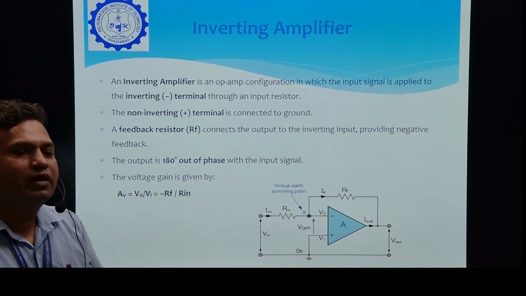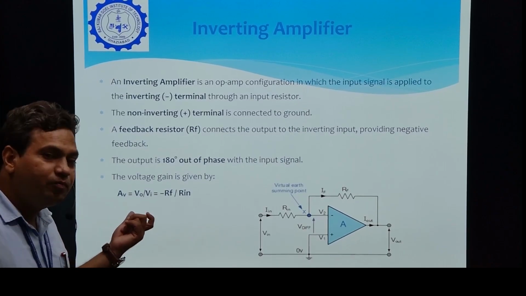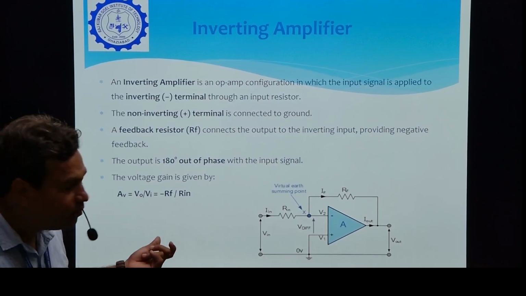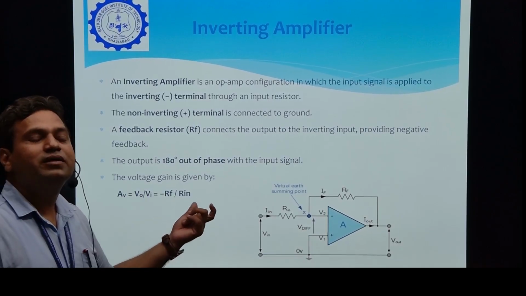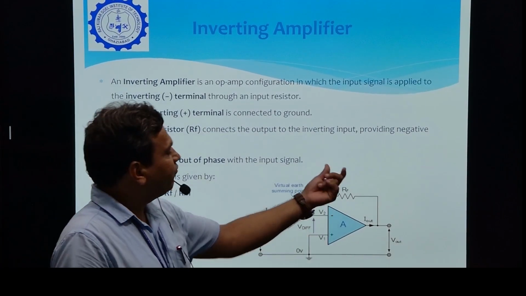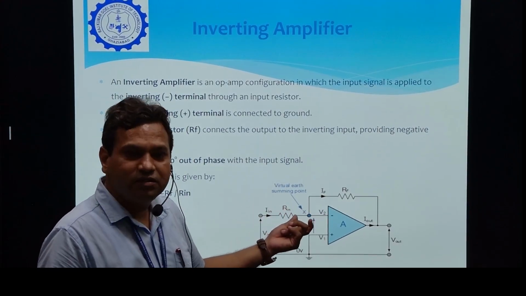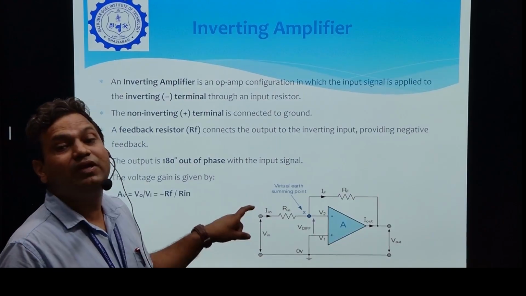If we calculate the gain, AV represents the closed loop voltage gain, the ratio of the output voltage to the input voltage, which equals minus RF upon R in, where RF is the feedback resistance and R in is the input side resistance, with the voltage level V in.